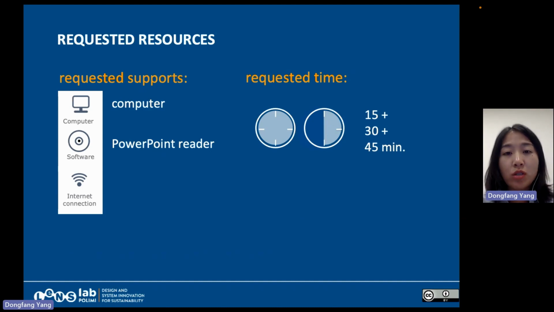Firstly, it can be used to analyze the existing furniture PSS or competitors' PSS. This will need around 15 minutes, and for the selection and generation of new ideas, it needs around 30 minutes, and for the development of the furniture PSS concept, it will need 45 minutes.